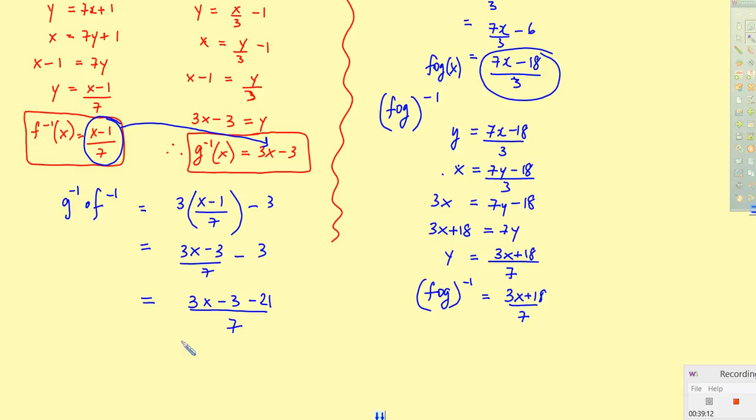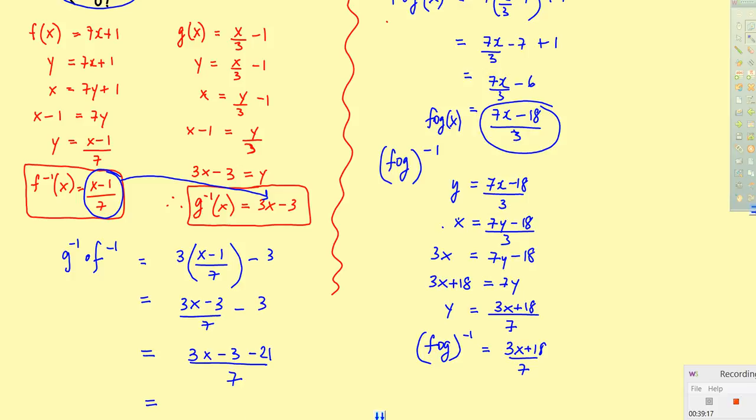Okay, now I have just caught an error that I did way back at the beginning here. There's a small error, and the small error was that when I brought this negative 1 up here over to the left-hand side, it should have been plus 1. So all of this should go to 3x plus 3.